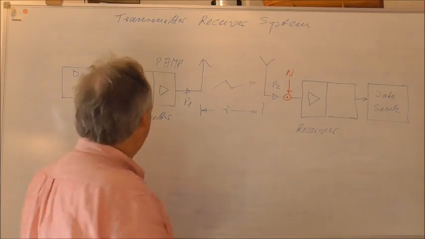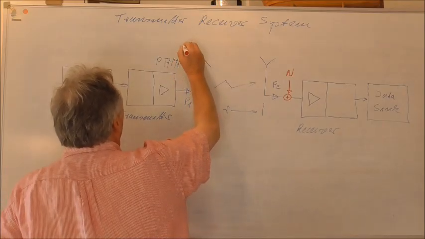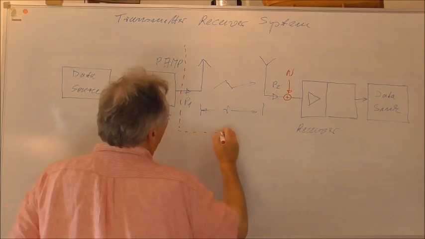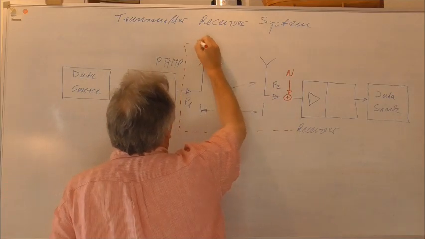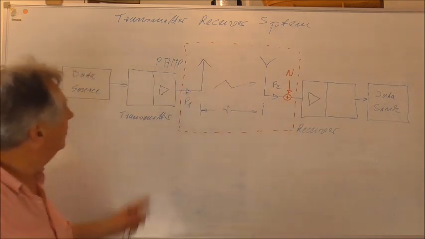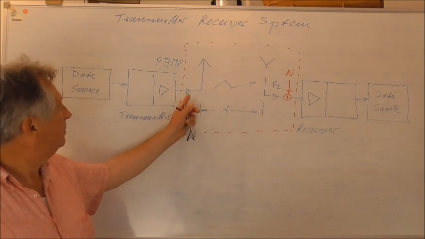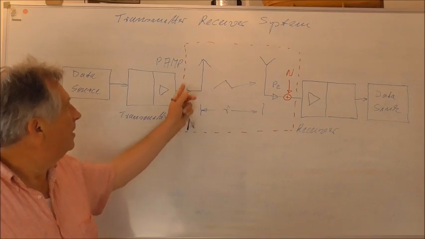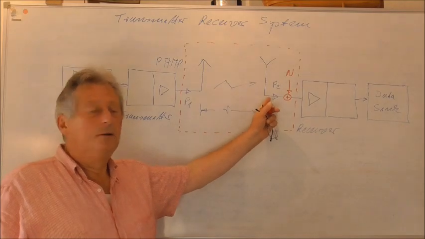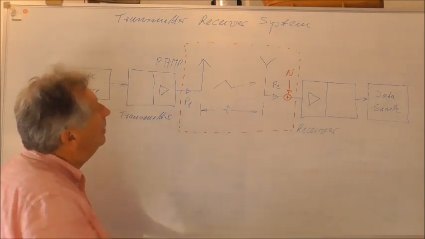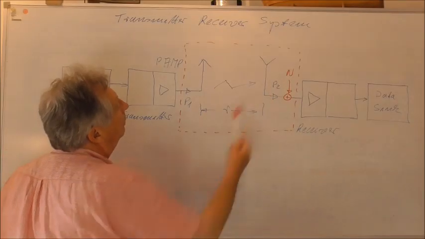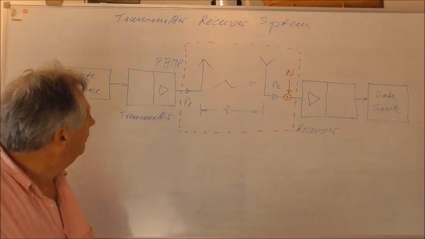So in the preceding considerations we will now look at how we can describe this transmitter-receiver system in principle. We must describe how the transmitting antenna transmits its power and how the receiving antenna is receiving its power, and in principle I will give you an idea about the thermal noise.